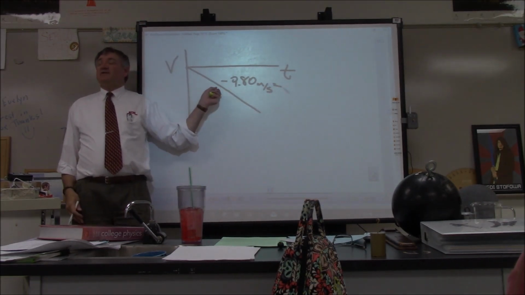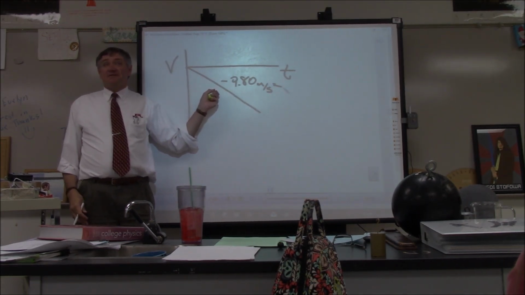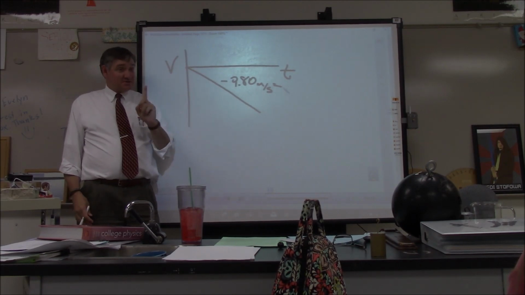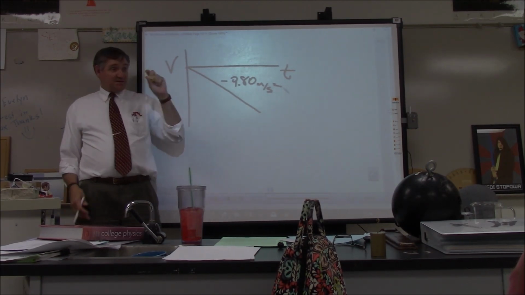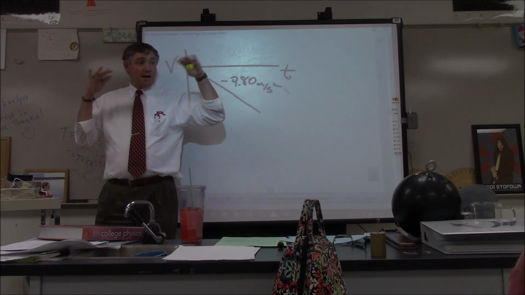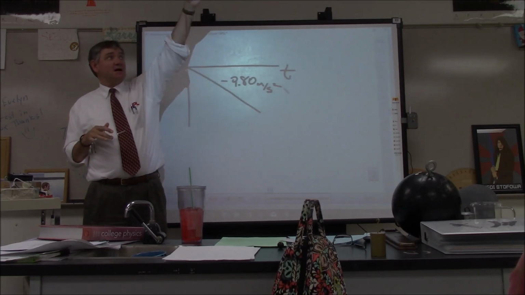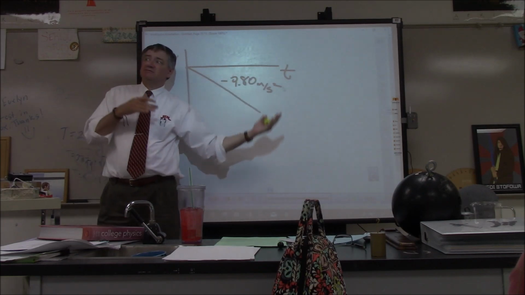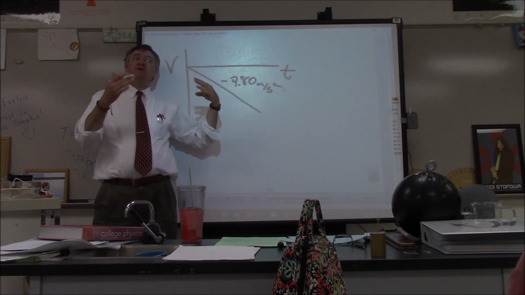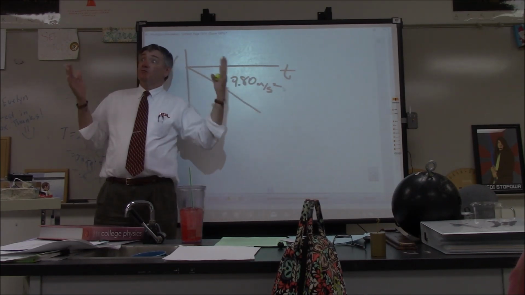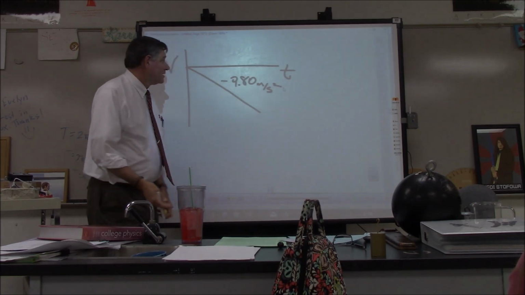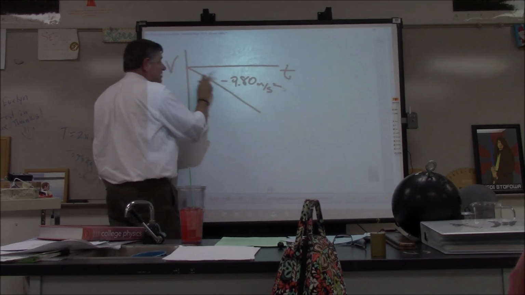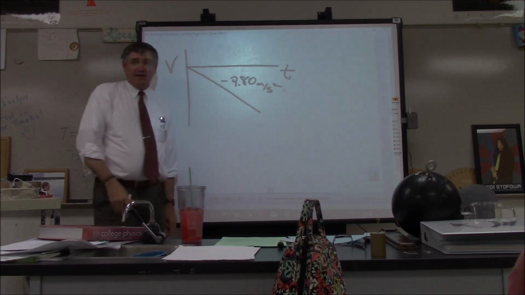Why is that the slope? That's the acceleration due to gravity. This falls under the Jedi-Stoffelwall thing. Stop the force and watch. If I stop applying the force to the ball and watch what happens, it begins to accelerate, which means there must be a force acting in that direction, which is what we call gravity. So that's the acceleration caused by gravity. That's going to be the slope of that line.